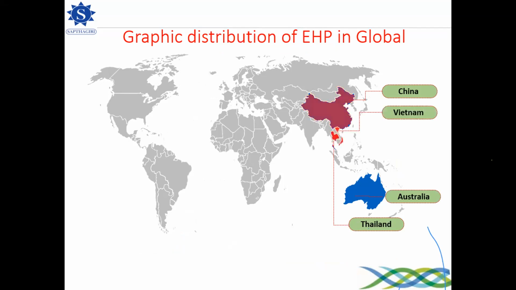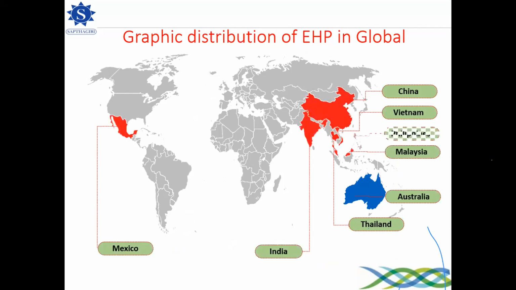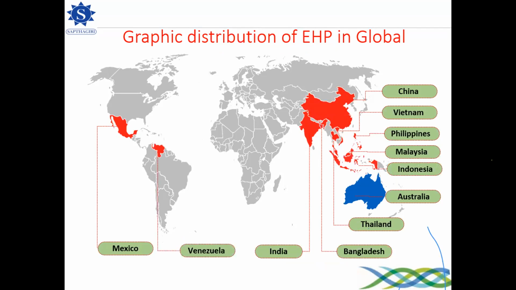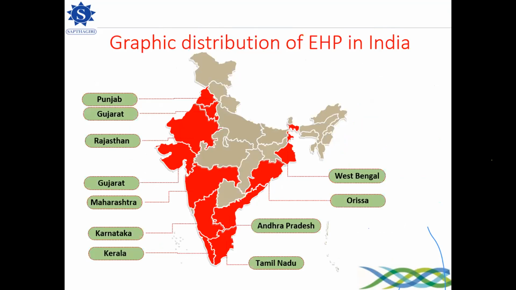EHP was first characterized in detail and named as a new species in 2009 from Thailand. Now EHP is reported in almost all the major shrimp aquaculture areas. In India, EHP is reported in both coastal states as well as inland states.